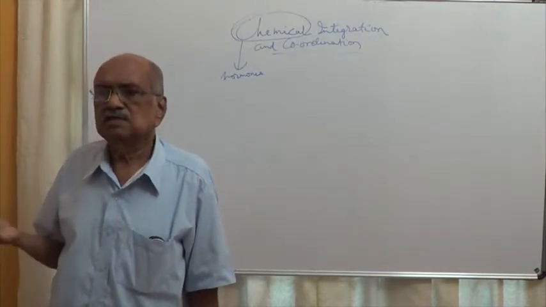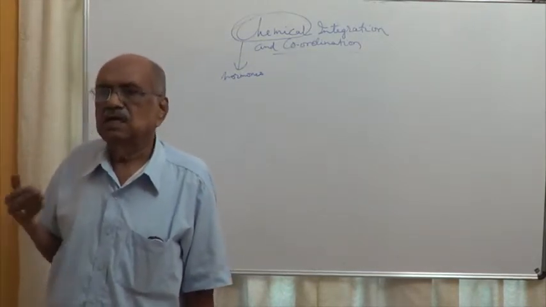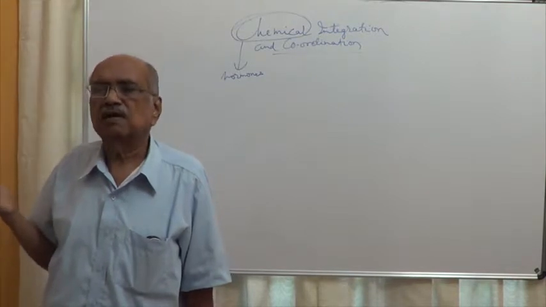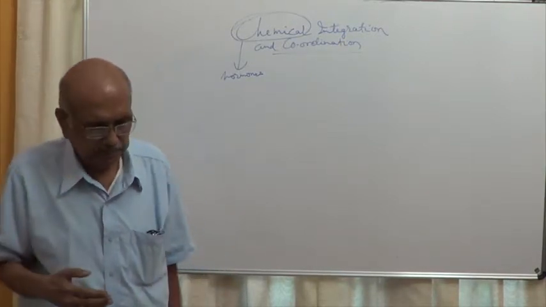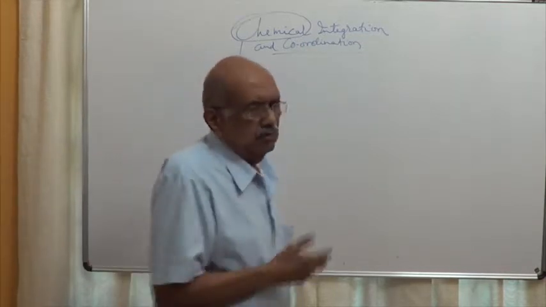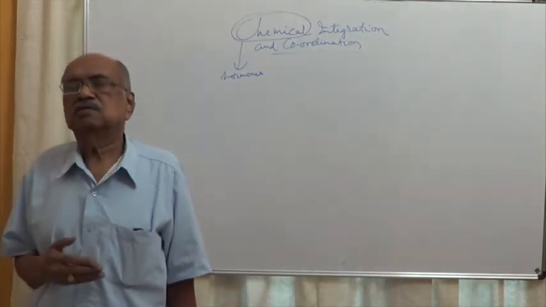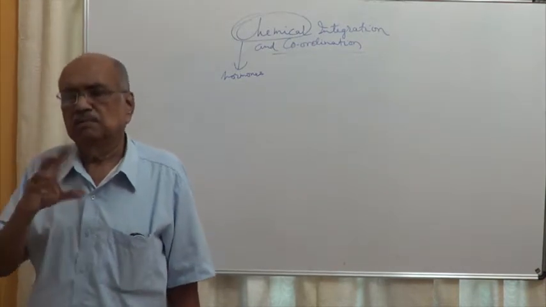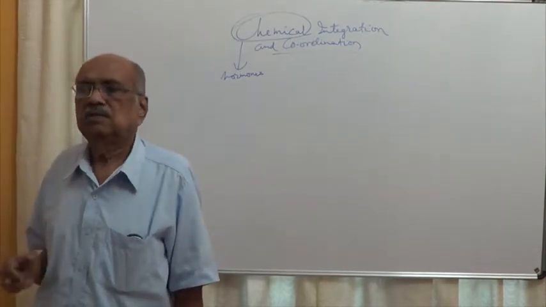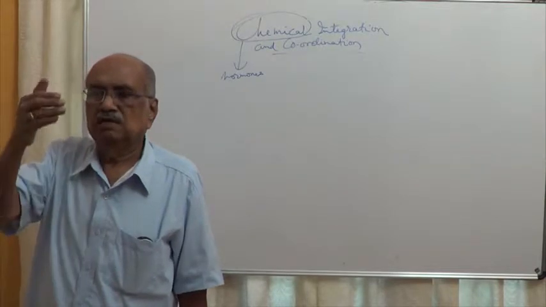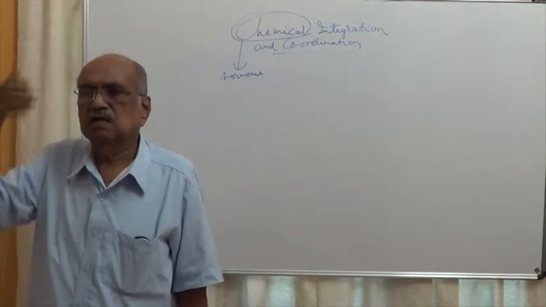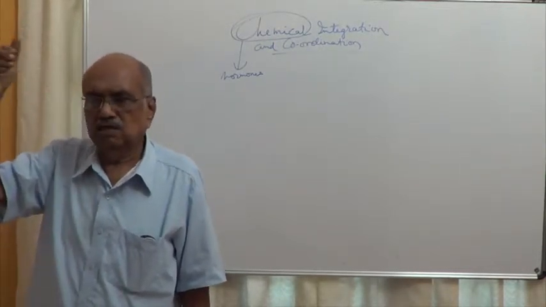Now, one of the things that can bring about such an action-packed thing is the nervous system. We have seen how nerves act, how nerves can bring about coordination, how cranial nerves are there, spinal nerves are there, how areas in the brain coordinate these two.